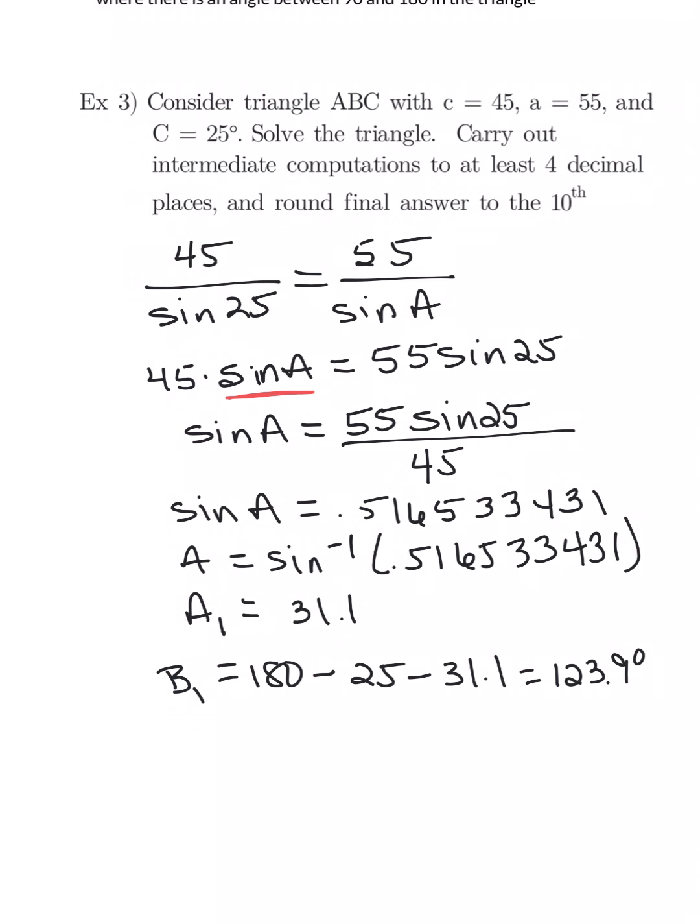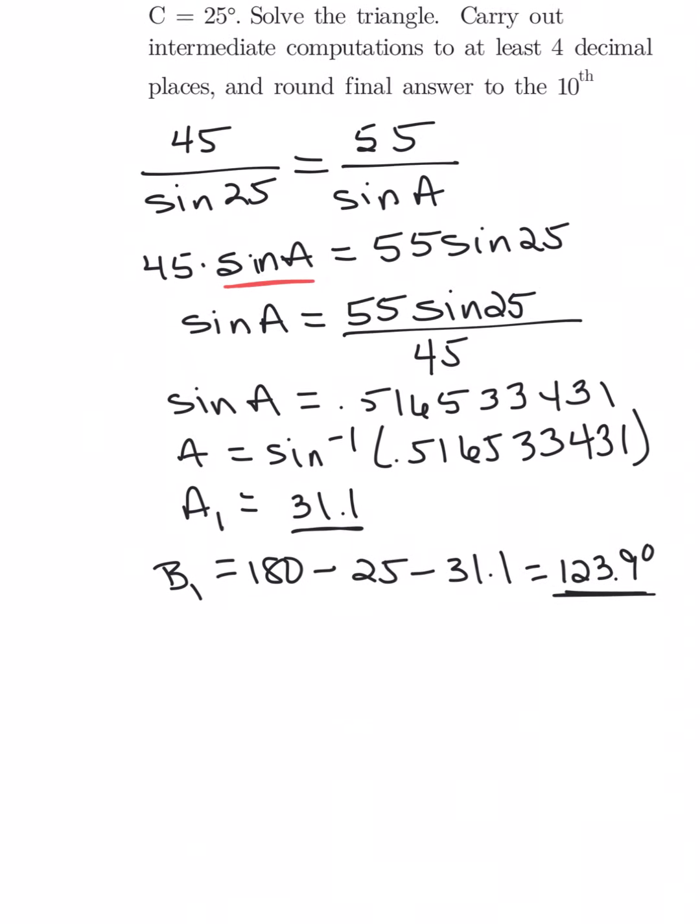So now we just found A and B for our angles. So we do know all three angles. We were already given two sides, so what we don't know as yet is side B.